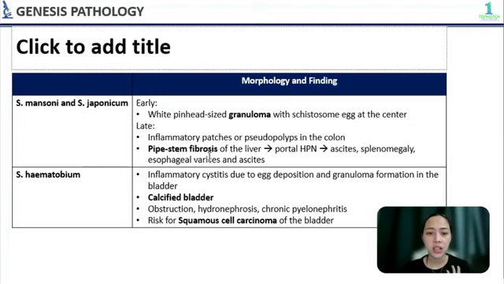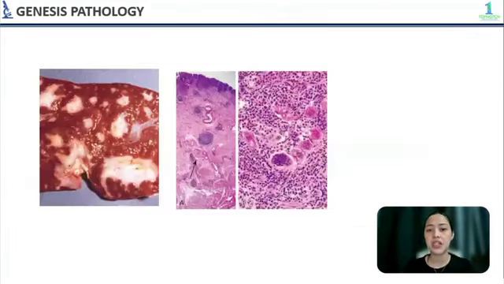And your Schistosoma hematobium naman, so this preferentially affects the bladder. So there can be initially an inflammatory cystitis because of egg deposition. Later on, giving rise to the calcified bladder appearance on X-ray. And ito, importante ito guys ha, Schistosoma hematobium is a risk factor for development of squamous cell carcinoma of the bladder.